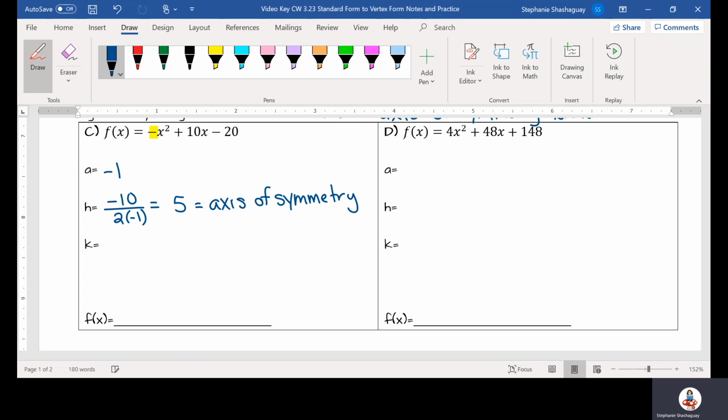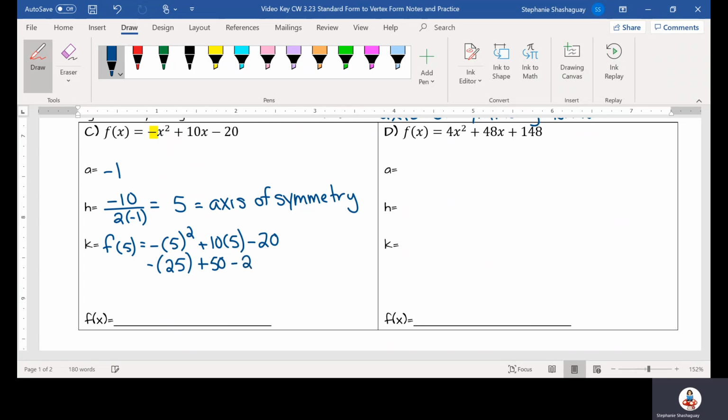And because I know that's the x value in my vertex, I can then plug in that value of 5 into my function. So f of 5 is now going to be equal to -5 squared plus 10 times 5 minus 20. 5 squared is 25, but I can't forget that negative sign. Plus 10 times 5 is going to be a +50.